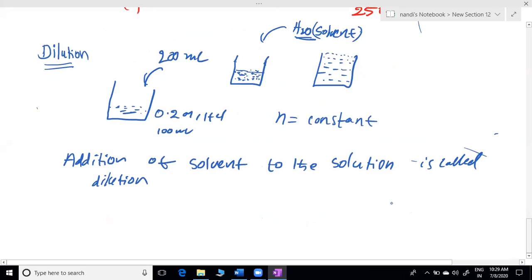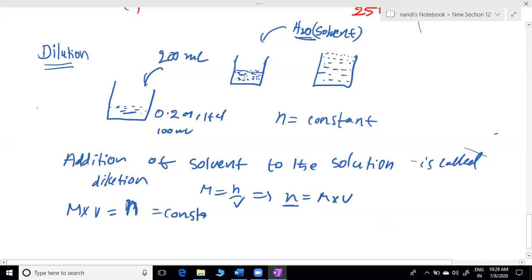Right, sir, one point. In the dilution process, n remains constant. Molarity into volume equals n, sir. I hope you know molarity equals n by V, then n equals M into V, which is constant. The number of moles remains constant in the case of dilution.